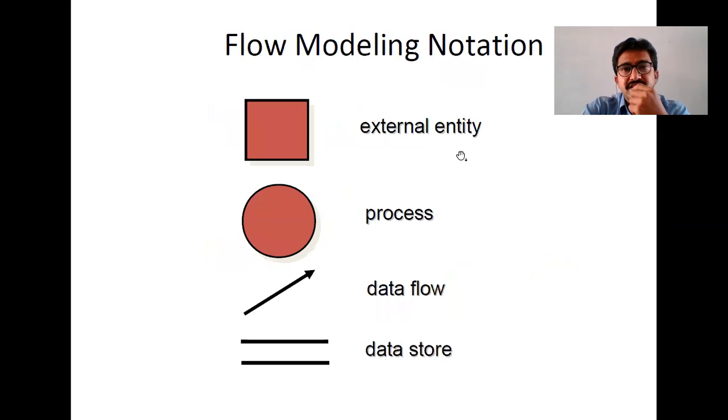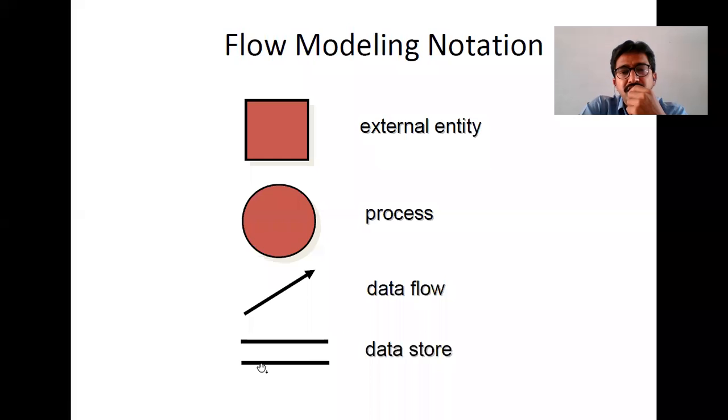And the notations to draw flow-oriented modeling, these are the 4 different notations we are using. The first one, a rectangle, is called an external entity. A circle indicates a process. Wherever the process is there, in the flow of your project, you can use the process symbol as a circle. And we have an arrow mark, which is a data flow.